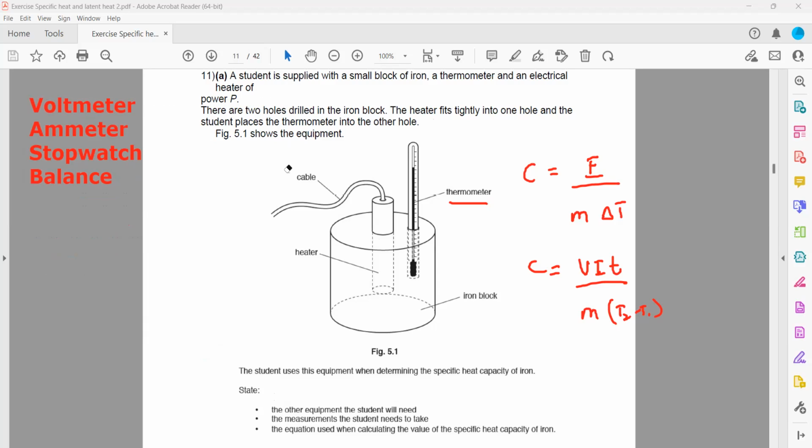But what he will measure is the temperature change. First, starting with the numerator, he will measure the voltage, the current, and the time for which the heater is switched on.